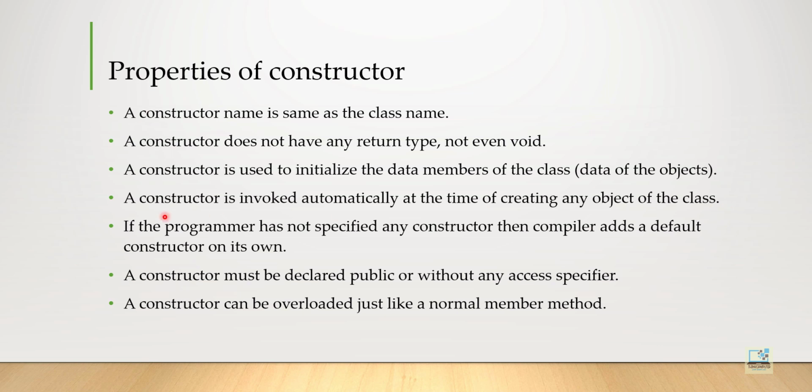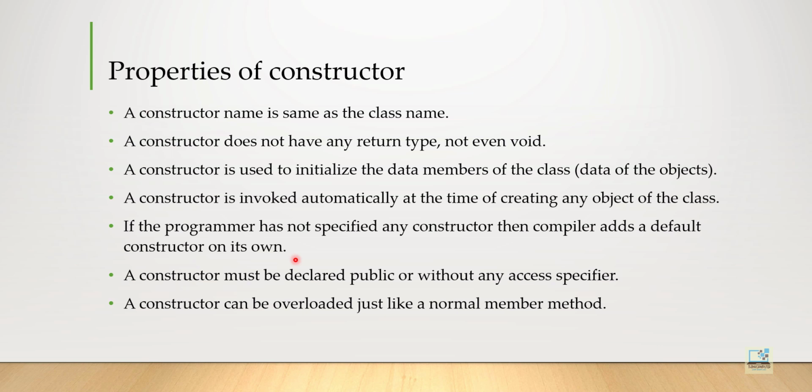The next point, the fifth one, is if the programmer has not specified any constructor, then compiler adds a default constructor on its own. So there is a question sometimes students ask, like, what if the class is not having a constructor? Then how the constructor will be invoked? Well, the answer to that question is, it's not possible that the class is not having a constructor.